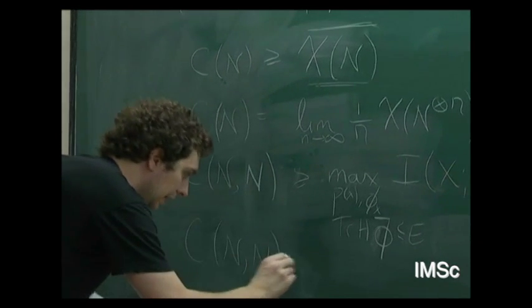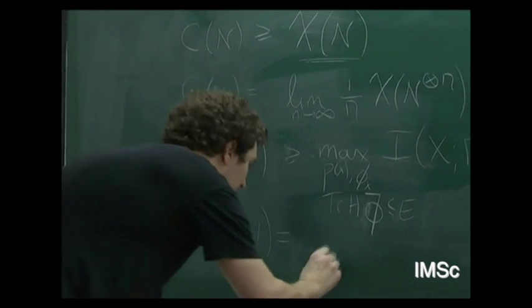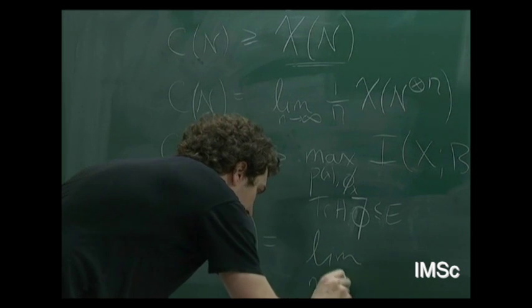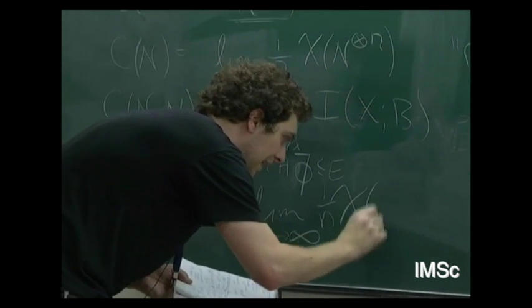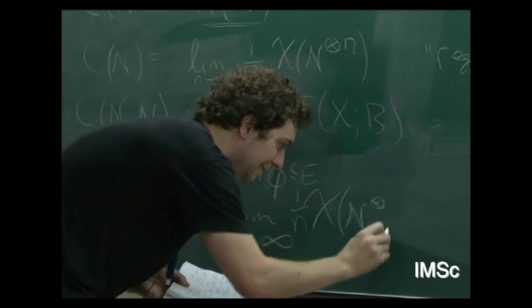Actually, it's just equal to, again, this limit as n goes to infinity of 1 over n times this chi of N tensor n.